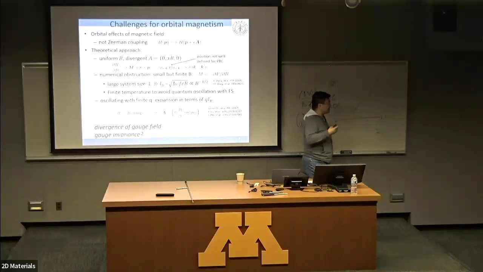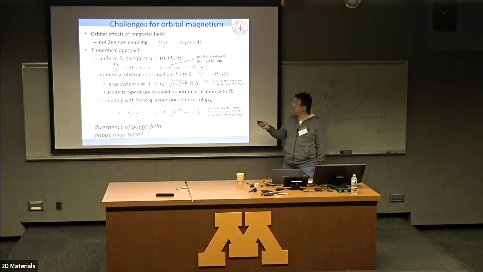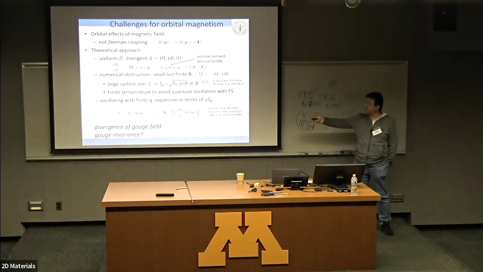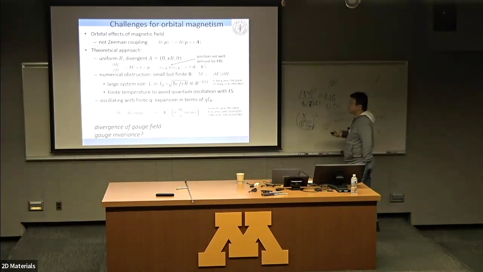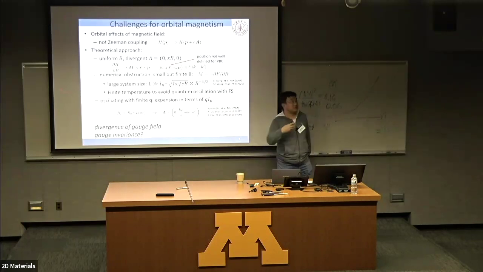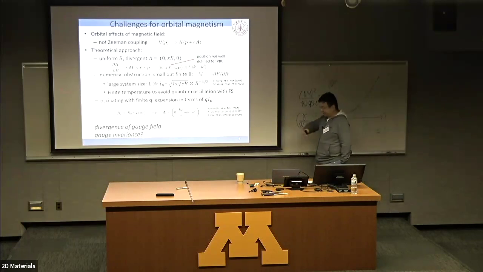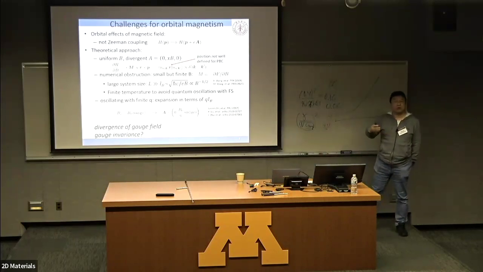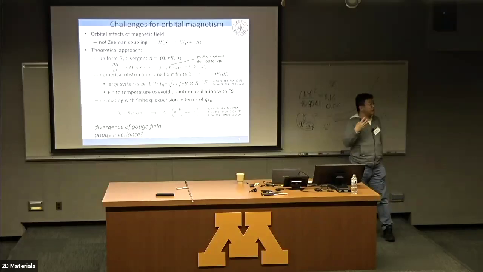This magnetic length is inversely proportional to the square root of B, so if you want a small magnetic field, L_B diverges. When you do numerical calculations, you need to make sure your system size is much larger than L_B, so for smaller magnetic field the calculation costs more and is more difficult.